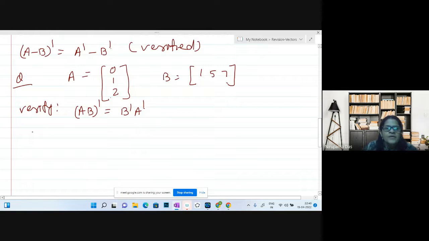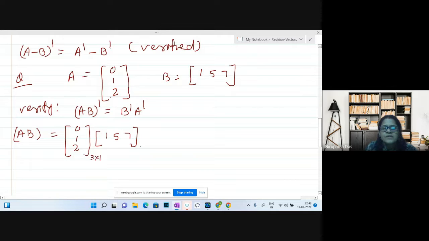Whenever you find the transpose of A into B, first you find A into B. You have to check whether multiplication is defined or not. This is your 3 by 1 matrix and a 1 by 3 matrix, right? So multiplication is possible. Here R1, C1: 0 into 1 is 0. Then R1, C2 is 0, R1, C3 is 0.